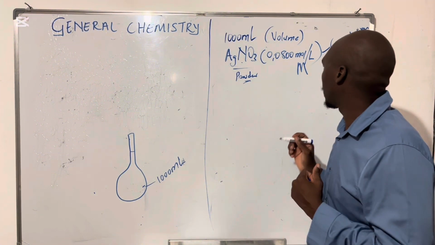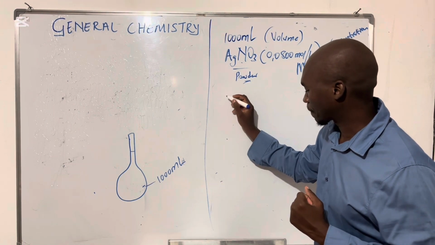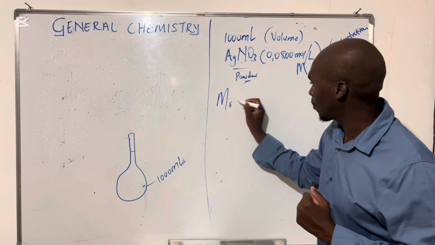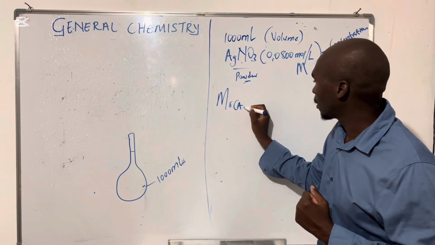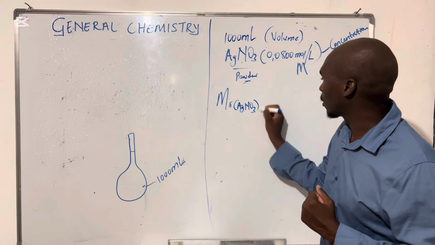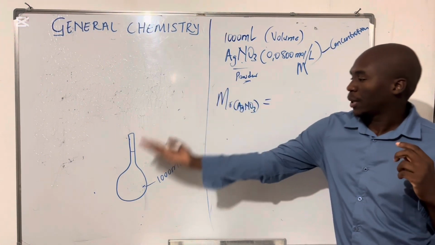So how do we find that one? We know that the molar mass of AgNO₃ equals, let's check the periodic table.